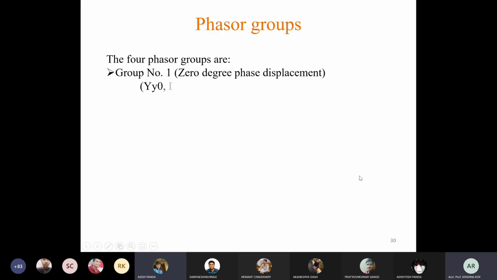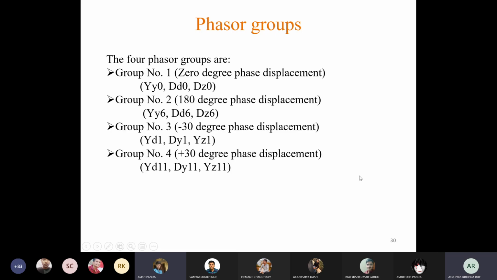So there are 4 groups in your syllabus, and these are group number 1, 0 degree phase displacement group, and the possible connections are YY0, DD0, DZ0, that is star-star with same phase angle, delta-delta, same phase angle, delta interstar or delta zigzag.